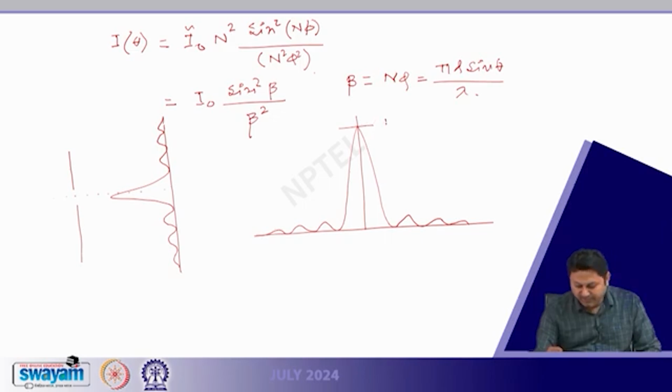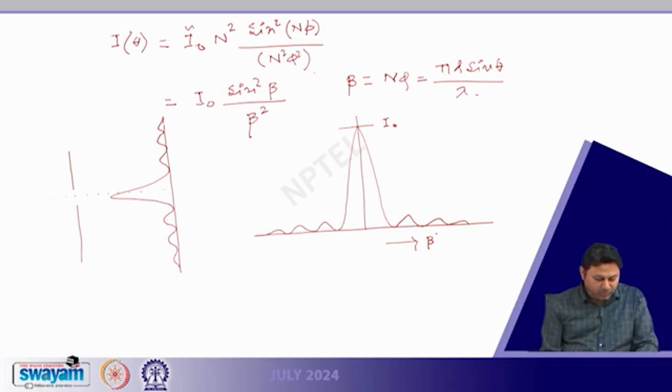So, the peak value is I naught, and this is the change of beta, and beta is this quantity. Change of beta means essentially for a fixed wavelength it is a change of theta as well.